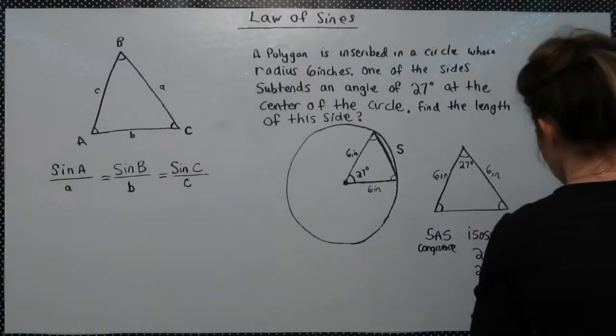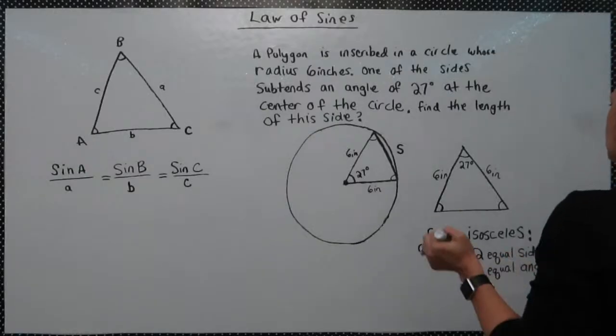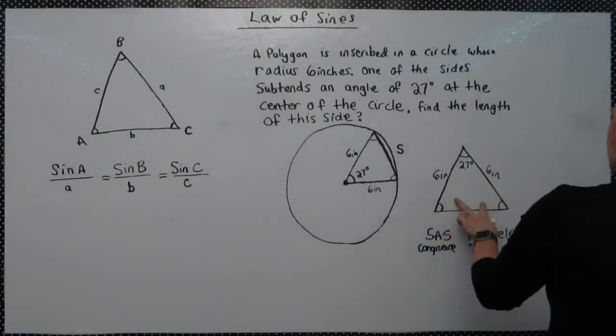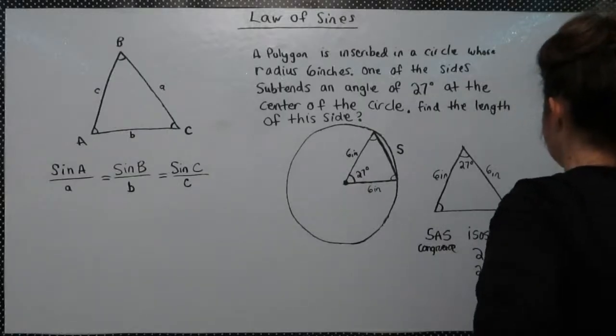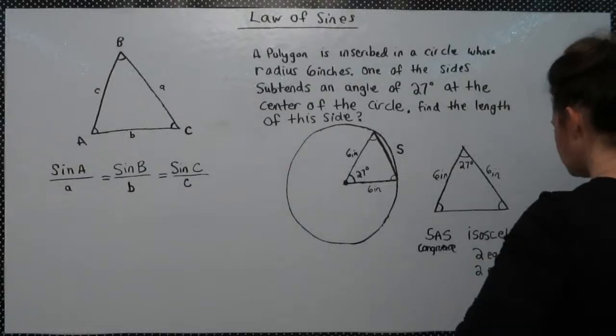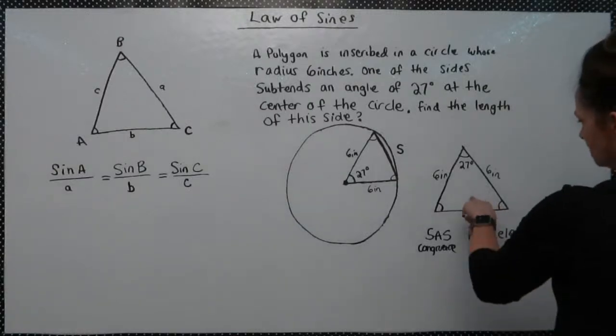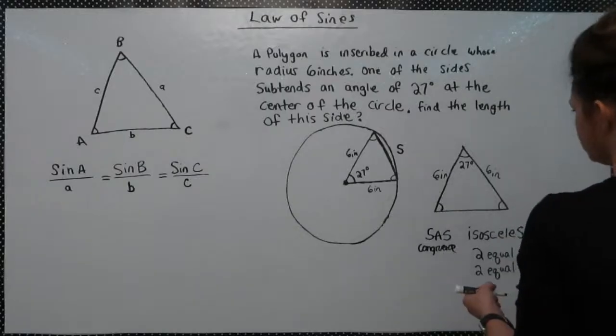And since I have 180, what I can do, I have one angle known in an isosceles triangle. So what I do is I will make a little equation to figure out these two angles. They're equal, and so there's two of them.